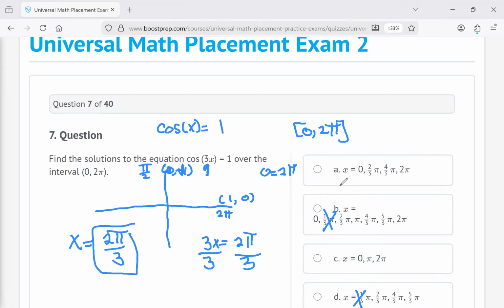What I did was ignore the 3 first, figure out what angle in radians gives you a cosine of 1, that was 0 and 2 pi, right? And then I bring down this 3x and solve for x, so I get 2 pi over 3. So I think A will work.